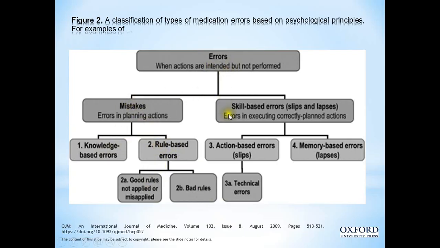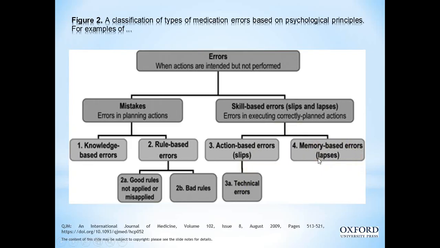The other kind of error is slips and lapses, the errors in executing a correctly planned action. These are the action-based errors. Right, action-based errors are called slips, and slips are all due to technical errors. And the second one is memory-based error, which is also called lapses.